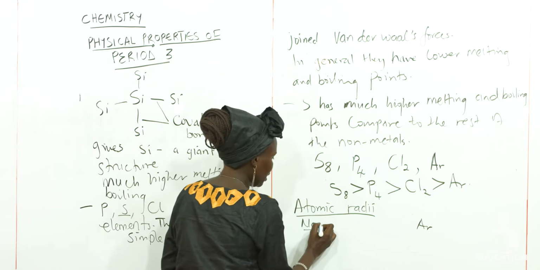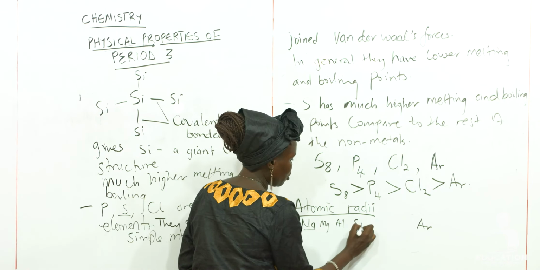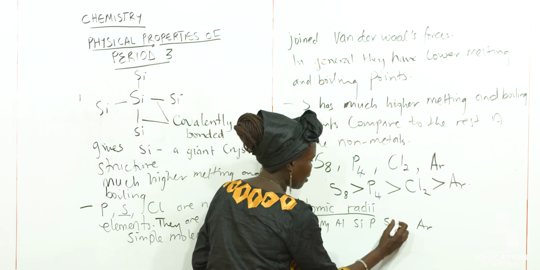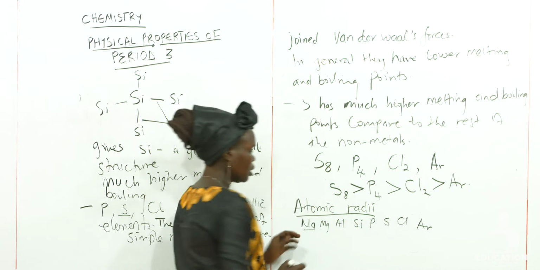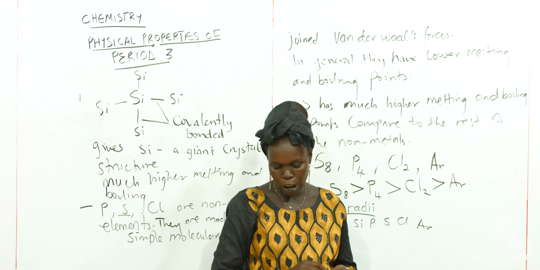So we have sodium, magnesium, aluminium, silicon, phosphorus, sulfur, chlorine. As we go from sodium to argon, the atomic radius decreases.